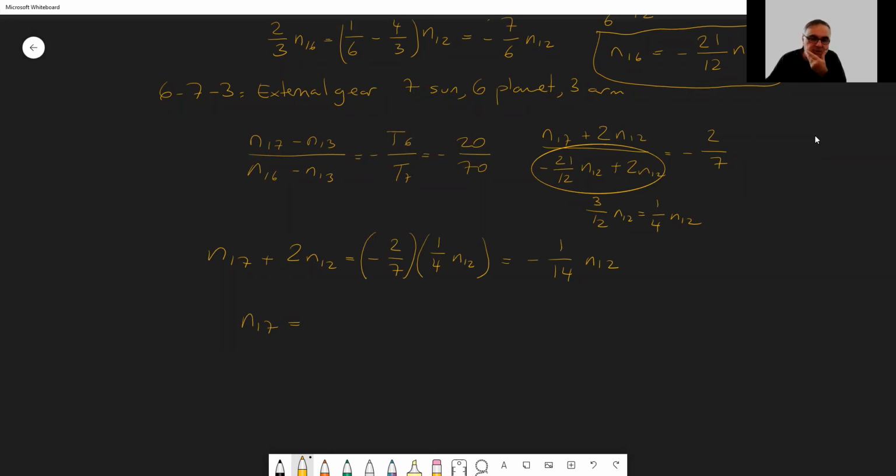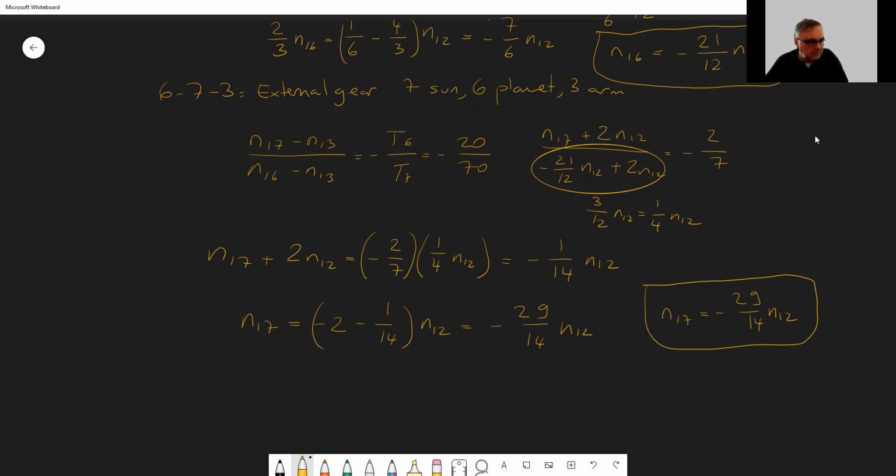This 2 goes to the other side as a negative. Yes, that's correct. So N17 equals minus 29 over 14 N12 is the result.